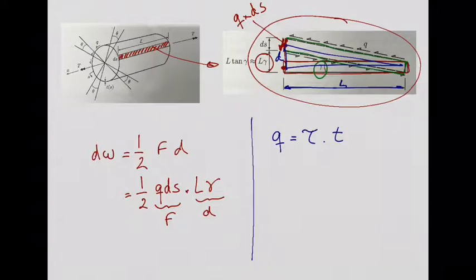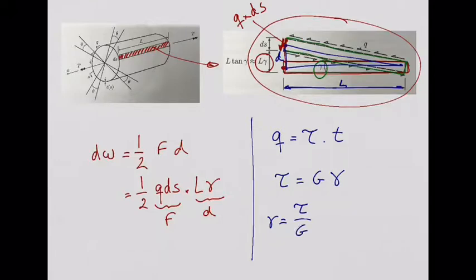Another thing we know is from Hooke's law, right? We know that the shear stress is equal to the modulus of rigidity times the shear strain. And the shear strain is this distortion angle gamma, right? So the conclusion from these equations is that the shear strain is the shear stress over the modulus of rigidity.